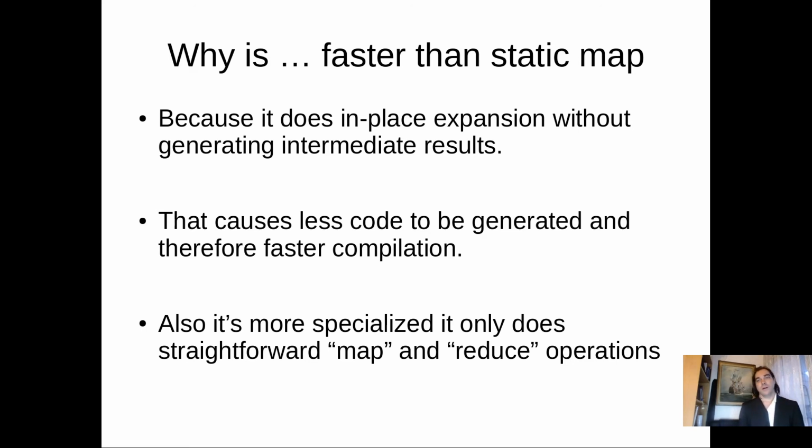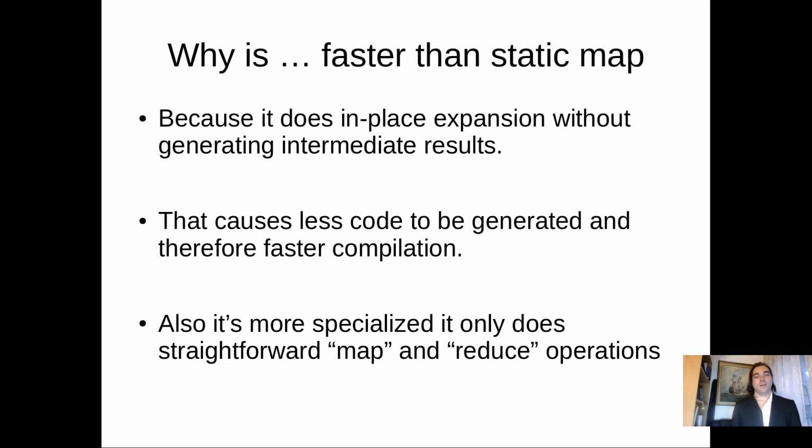So in the cases where the expression is faster than the Phobos static map, it is faster because it does not generate intermediate results, intermediate AST nodes. Rather, it tries to do an in-place expansion.